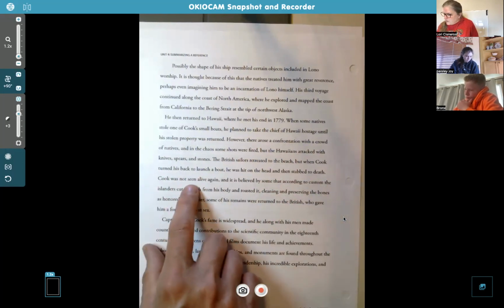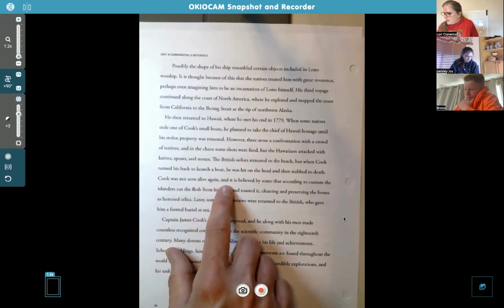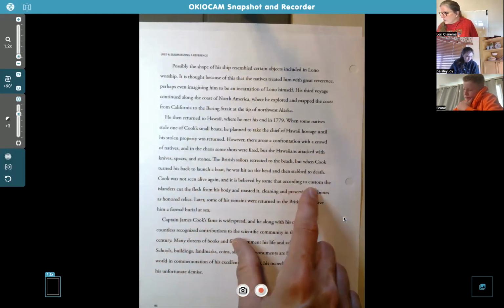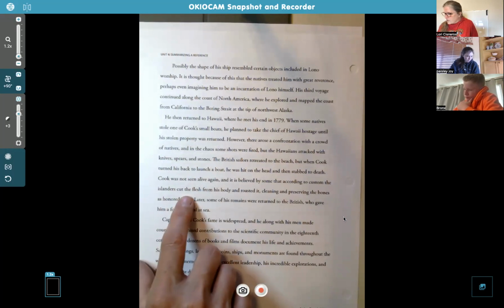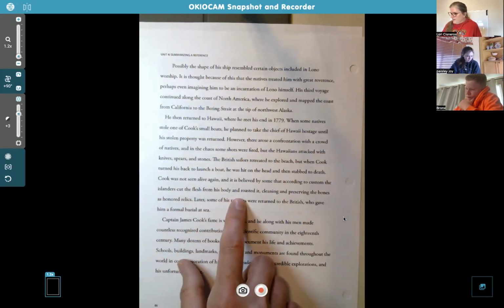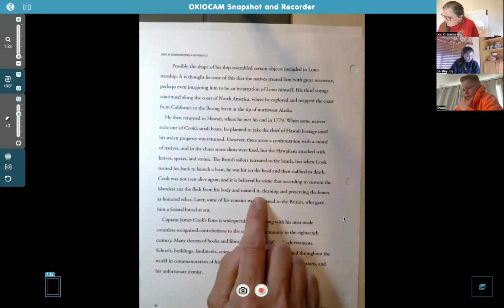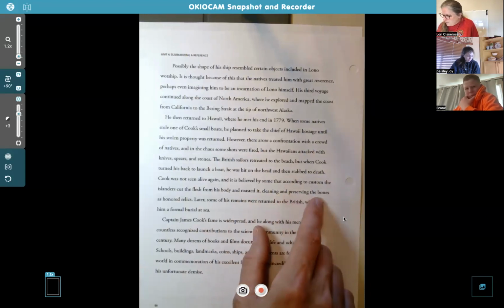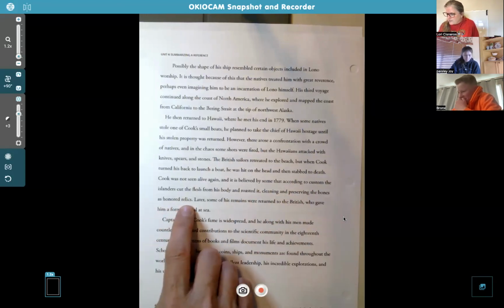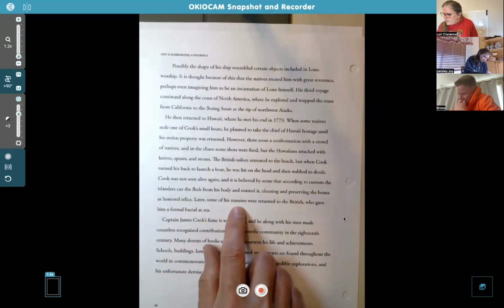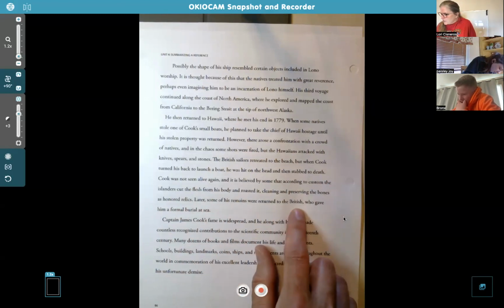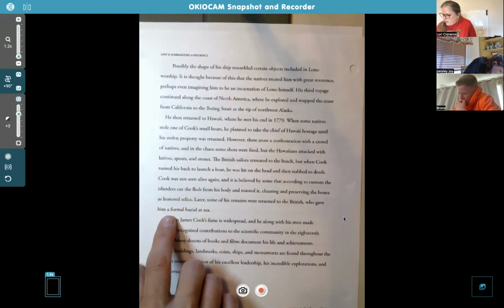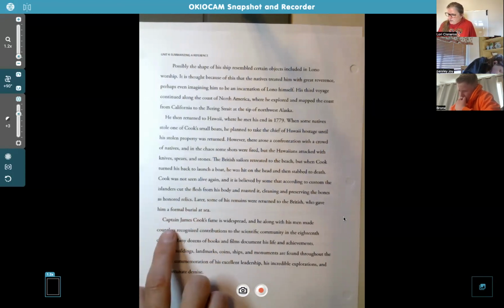Cook was not seen alive again, and it is believed by some that according to the custom, the islanders cut the flesh from his body and roasted it, cleaning and preserving the bones as honored relics. Later, some of his remains were returned to the British, who gave him a formal burial at sea.